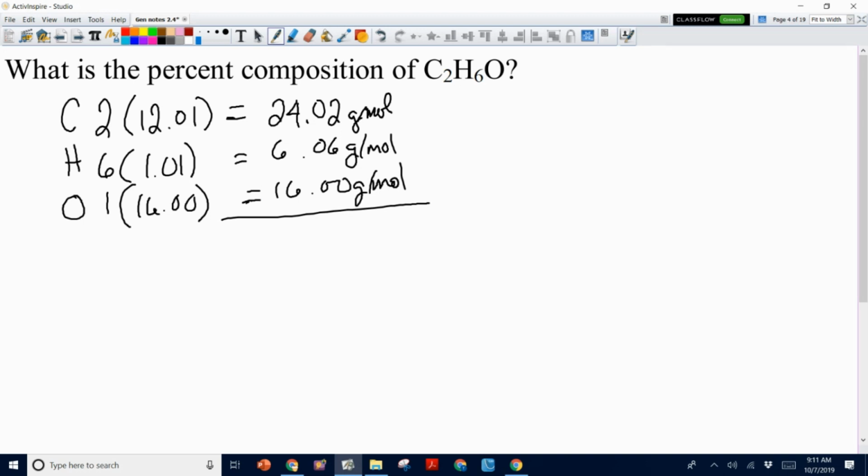We're going to get 46.08 grams per mole is the total molar mass. All right, so now remember, for carbon, we're going to take the part divided by the whole.